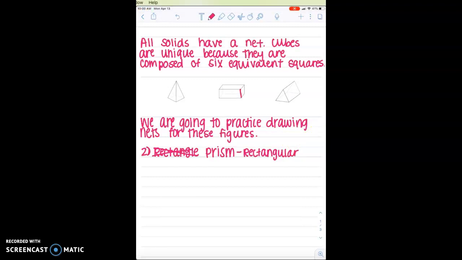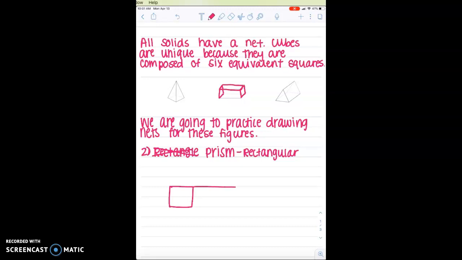So these are kind of different than a pyramid because you can kind of start with whatever side you want. So I'm going to go ahead and outline the bases here. So the bases are the 2 things on the sides of the prism, and I'm going to go ahead and draw those along with one side of the prism. And I like to draw mine where the bases are just right across from each other.